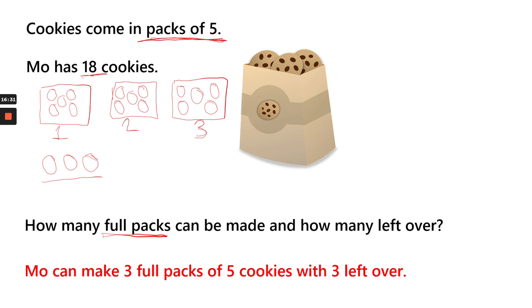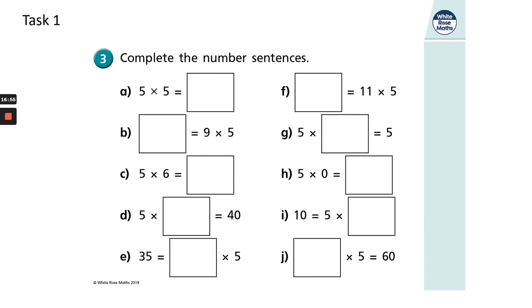So Mo can make 3 full packs of cookies with 3 left over. We did that by using our knowledge of counting in 5s to fill each bag. We counted up in 5s until we reached 18. Well done if you were able to follow that question.